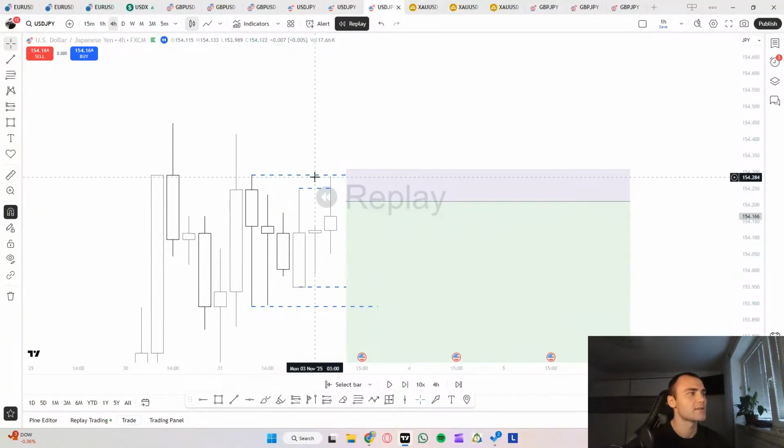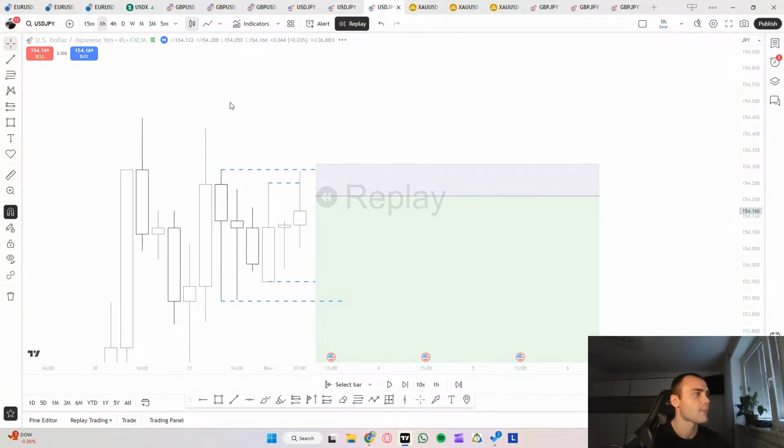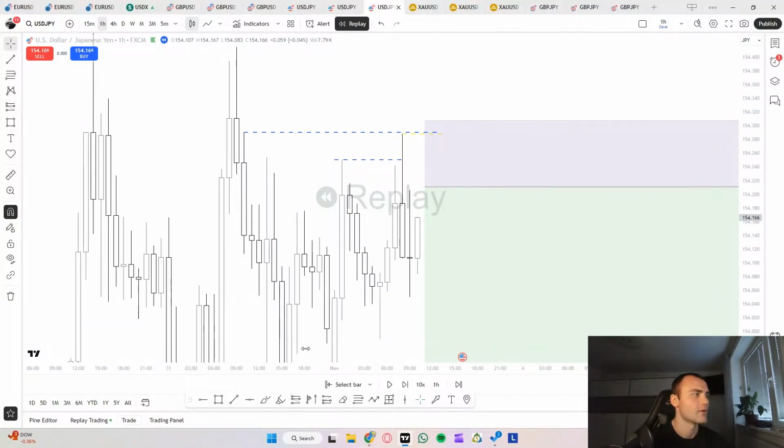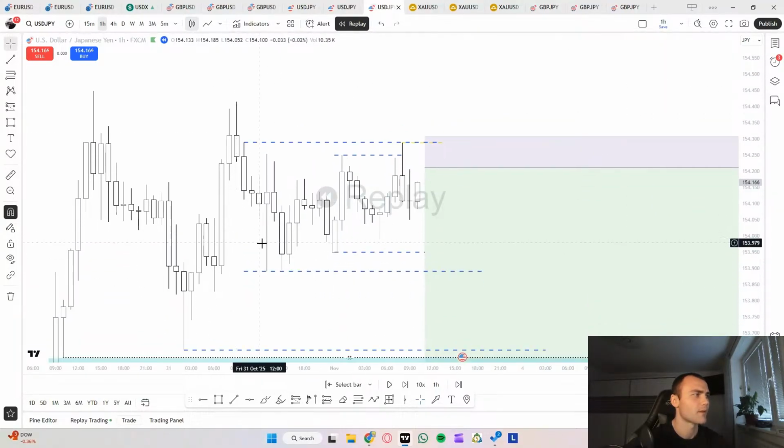Well, we got ranges inside ranges on 4 hour, and what happened is this. I looked here, right? I've seen this big range on 1 hour.